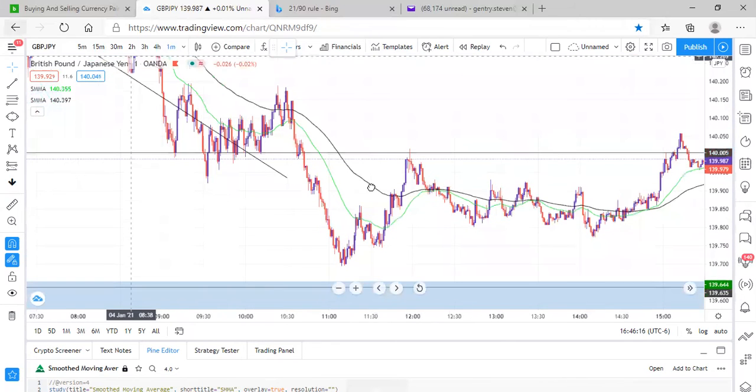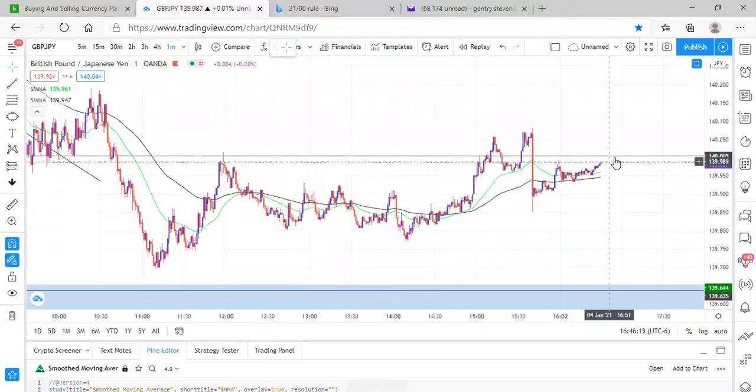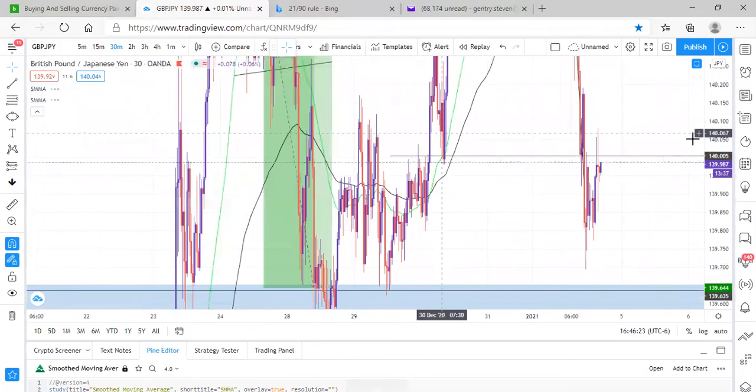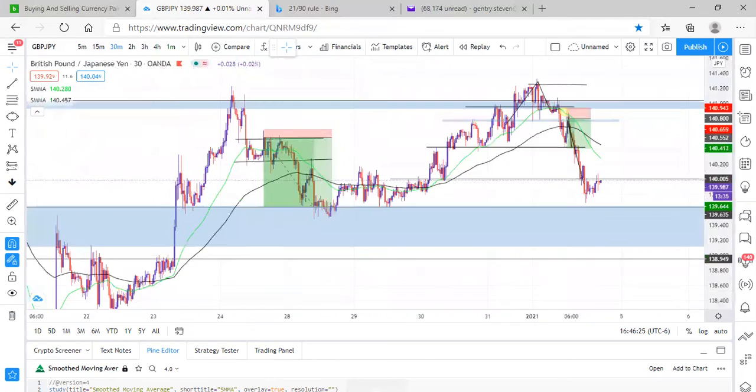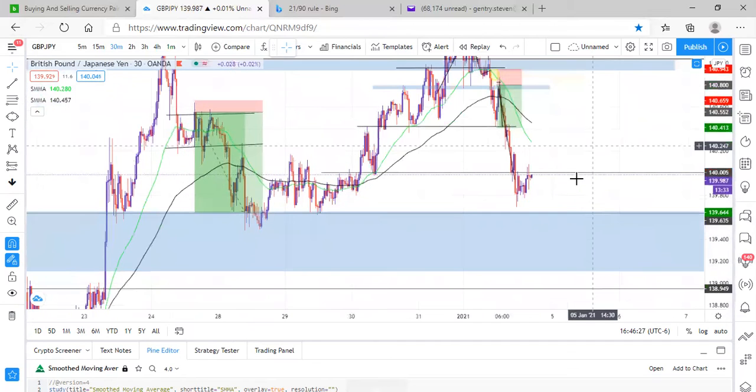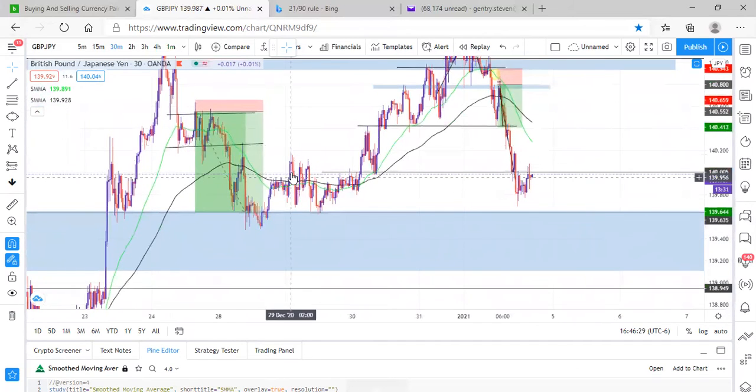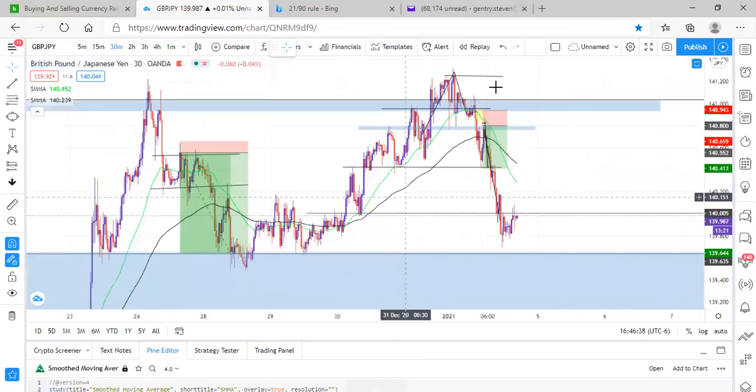Where it's at right now, I want to see how price reacts in this area. But like I say, most of the structure that I'm looking at is off a higher time frame. Like in this area, price struggled. But once you got that breakout and that retest, you could have got in for buys, rolled it all the way up.